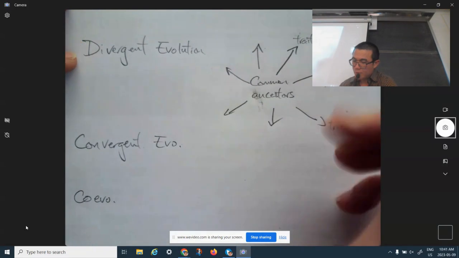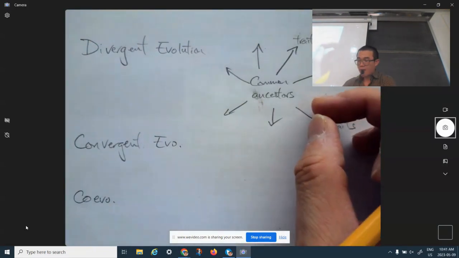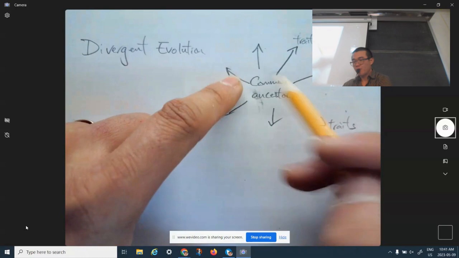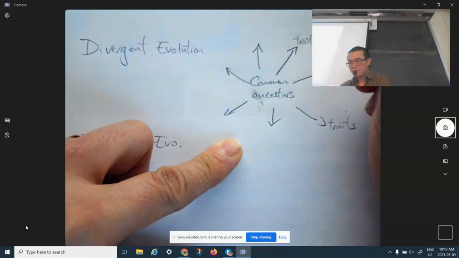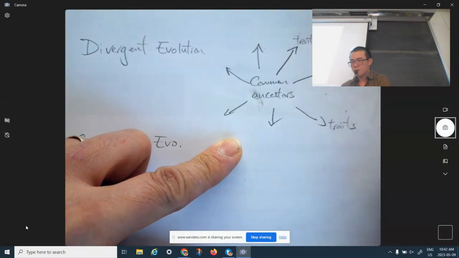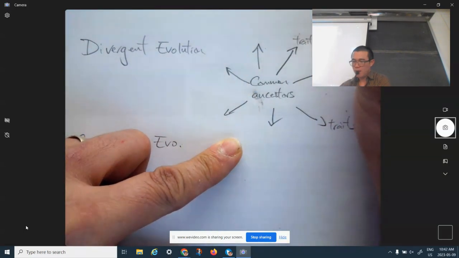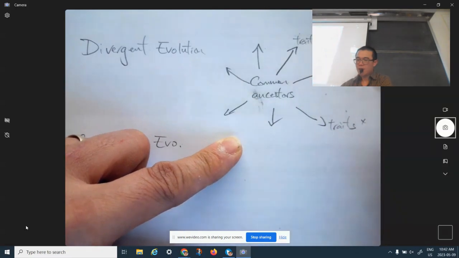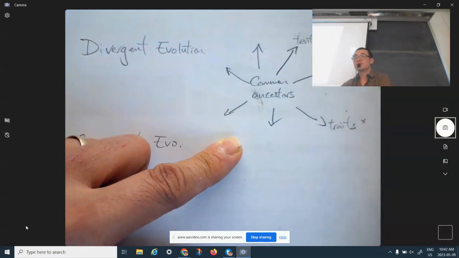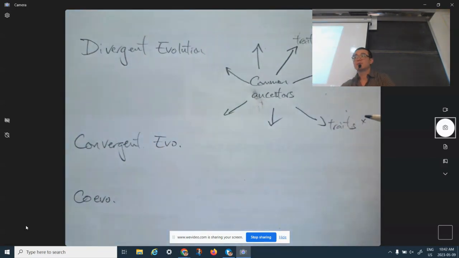So in divergent evolution, you have common ancestors evolving into different traits, but all these are homologous structures. They are similar structures, but the structures are different.